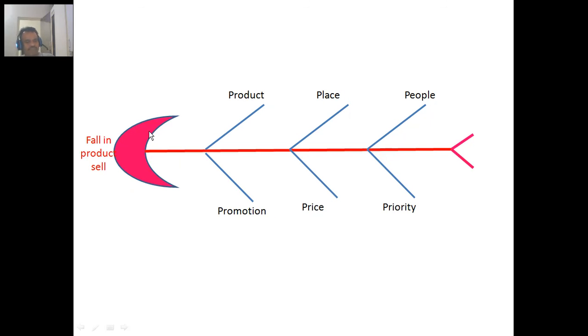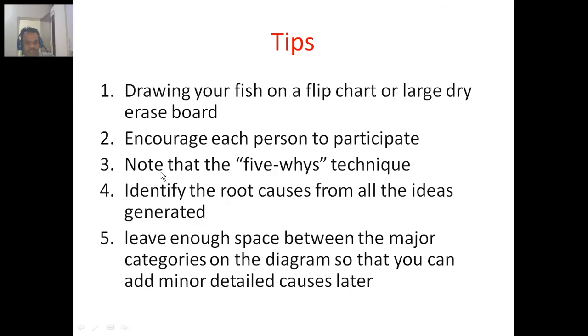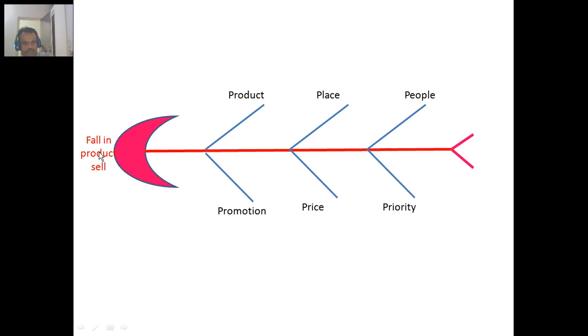Now let's look at the use of the fishbone diagram in the management field, because this is quite commonly used in management. Now look at the problem, like fallen product sale. And now, what are the possible causes? The product itself, the place where we are trying to sell it, the people, what is their priority, price, promotion.